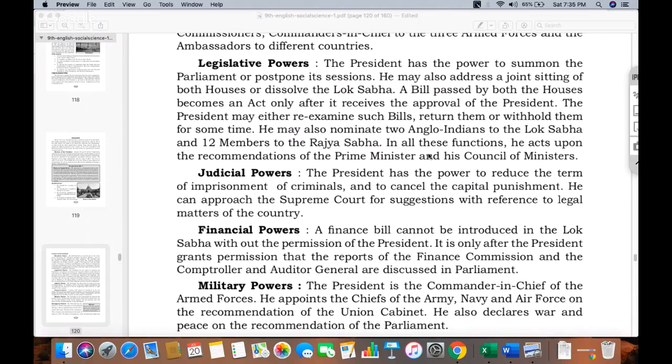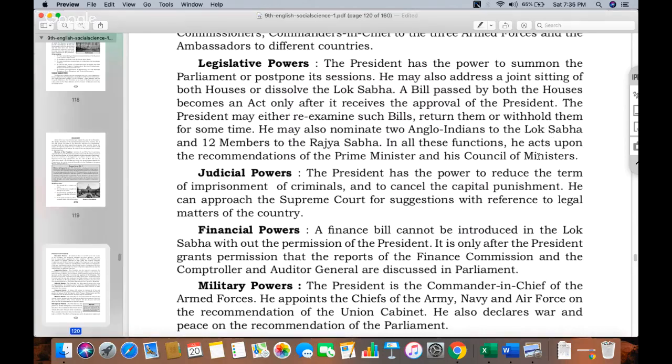So even if the Supreme Court of India gives somebody capital punishment and he approaches the President of India, the President will look into the legality of this, whether the capital punishment has been given as per the legal procedure, and if he finds that the legal procedure has not been followed properly, he can cancel the capital punishment.